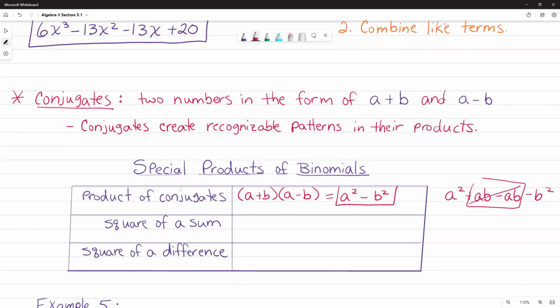When you square one of the two, A minus B and A plus B, you end up with the same answer, because they're being squared. It ends up giving you all positive anyway. So if you have A plus B and you square that binomial, that's A plus B times A plus B, it will always give you A squared plus 2AB plus B squared.